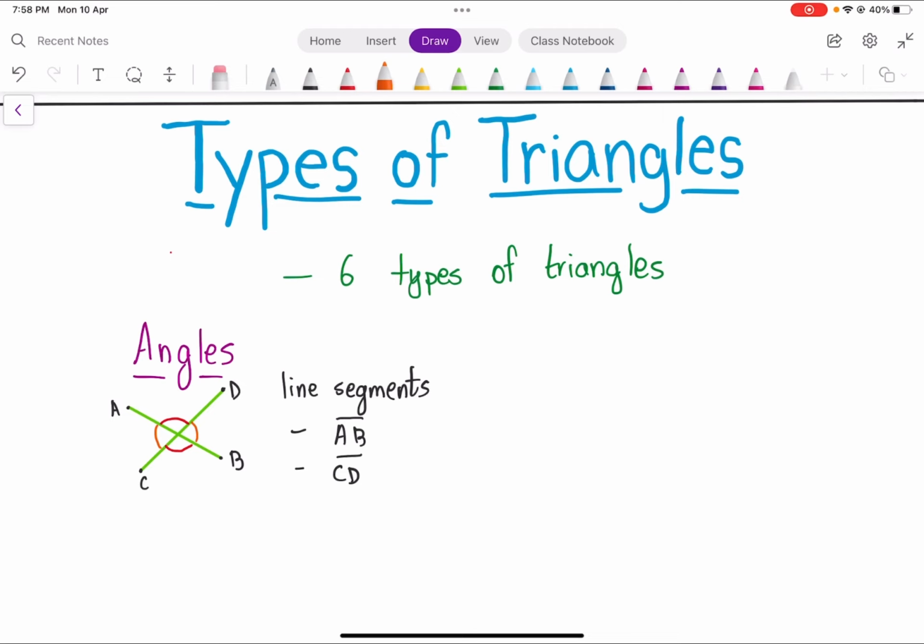Well, that really helps us to name these angles. Over here, as you see, A and D both intersect. We forgot to name the intersecting point. Let's call it P. So they intersect at P and form the angle AD.